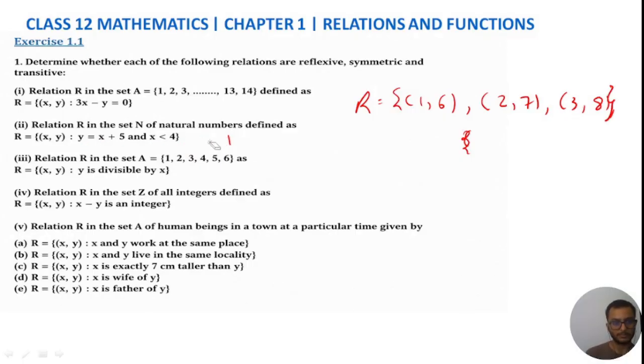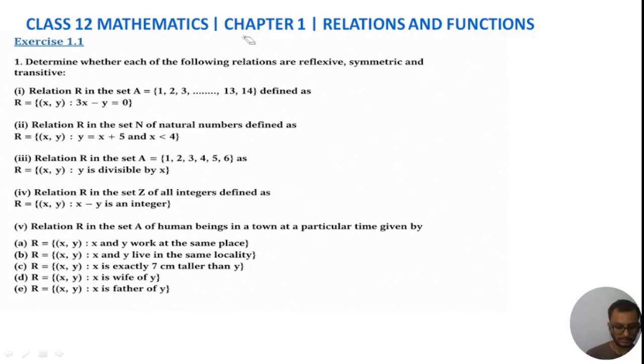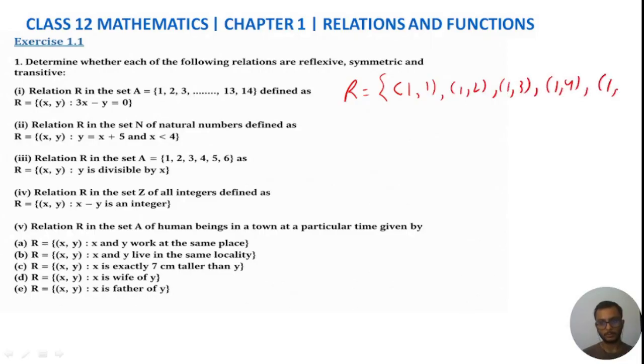Okay, what is next? We are given a set A having elements 1, 2, 3, 4, 5, 6, and the relation is given that y is divisible by x. So how will our R look? If I take x equals 1, then every element is divisible by 1, right? So it will have (1, 1), (1, 2), (1, 3), (1, 4), (1, 5) and (1, 6).